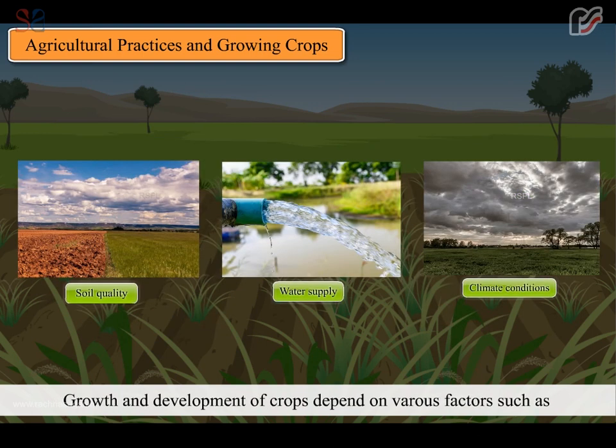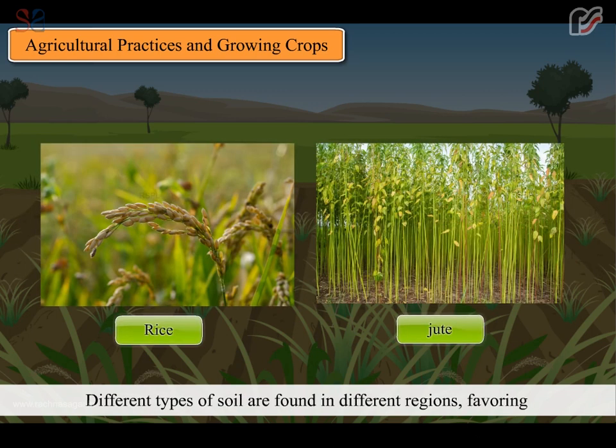Growth and development of crops depend on various factors such as soil quality, water supply, climate conditions, and more. Different types of soil are found in different regions, favoring the growth of particular crops.